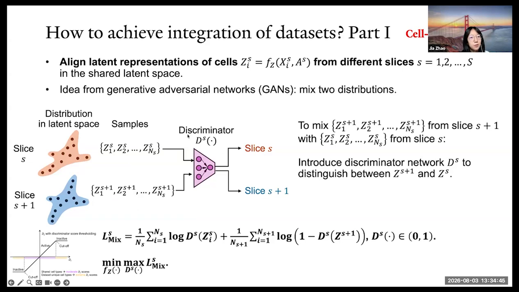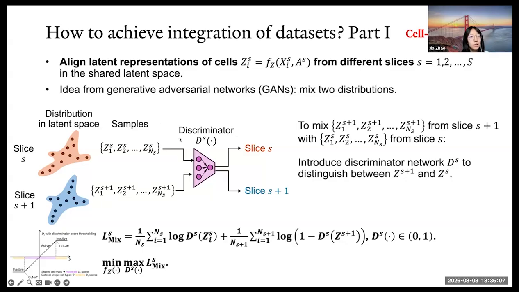So there is a design for the discriminator. Intuitively, if two distributions are different and really easy to distinguish from each other, meaning that there may be one component that really distinguishes from the others, then the discriminator will overlook it.